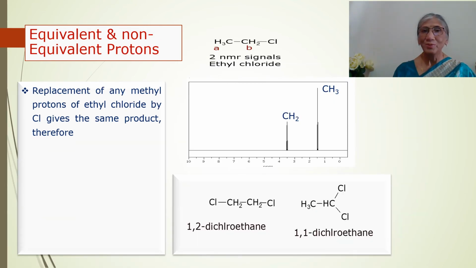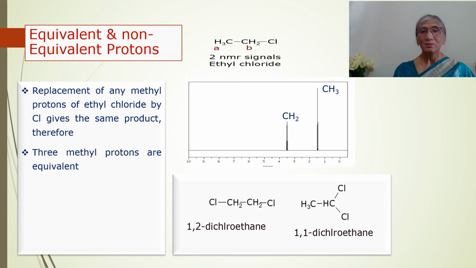This is the NMR spectrum of ethyl chloride. It shows 2 signals. One signal is because of methyl protons, another signal is due to methylene protons. Now we want to ensure that the two types of protons, methyl and methylene protons, are non-equivalent protons.